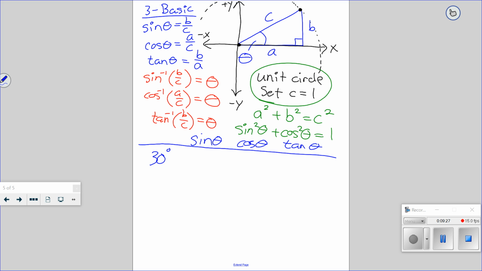The sine of 30 is 1/2. Well, think about this. That just means the sine is literally b over c. So that means we expanded our hypotenuse to 2, and my far side is 1. Well, I can solve the Pythagorean theorem. 2 squared is 4, minus 1 is 3. So then cosine must be square root of 3 over 2. And the tangent is just the ratio of this one over that one. So the denominators don't matter, they automatically cancel, and the tangent is just the square root of 3.